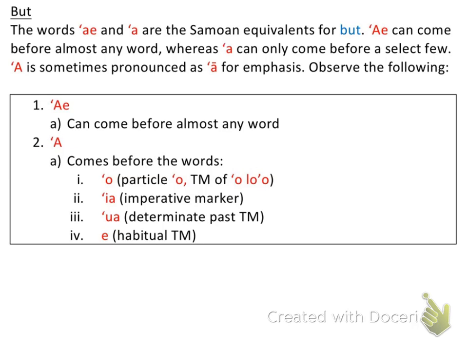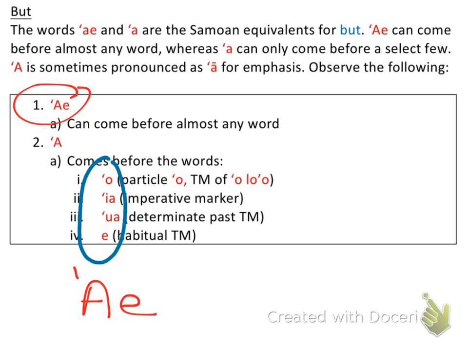And just to be clear, I'm telling you that you need to say ae with one of these words, okay? And when you use these words, you need to use ae. But if I wanted to use these words, I could also use i, okay? I don't know if that's 100% grammatically correct, but they will understand you, okay? So if you said i, o lo'o, they would understand you, okay?